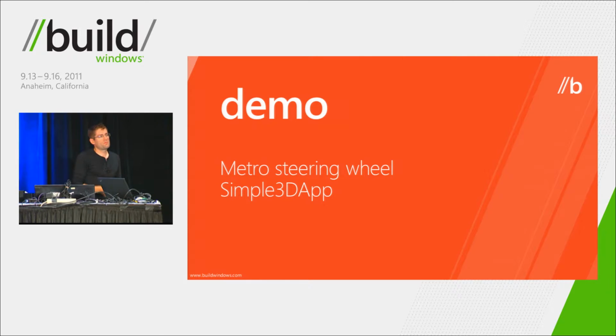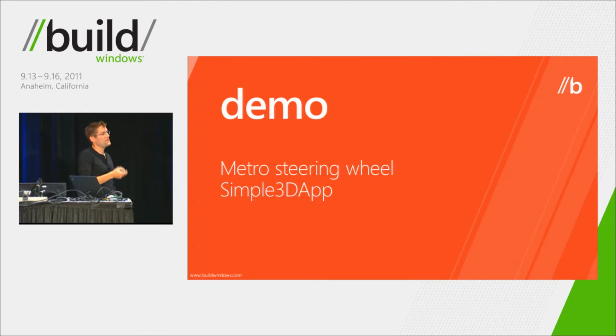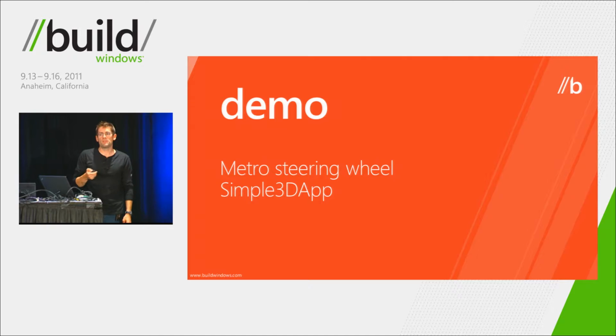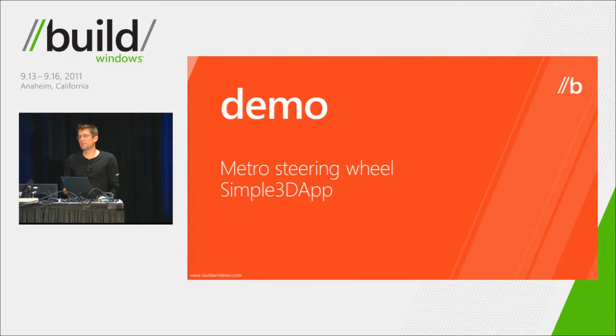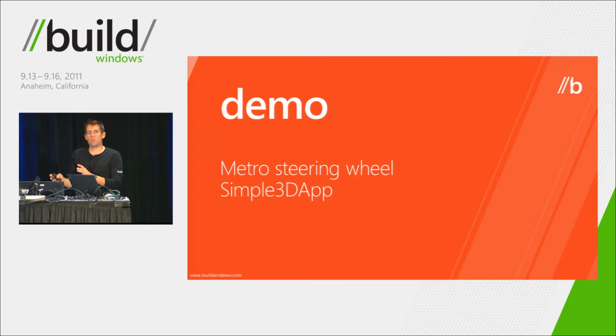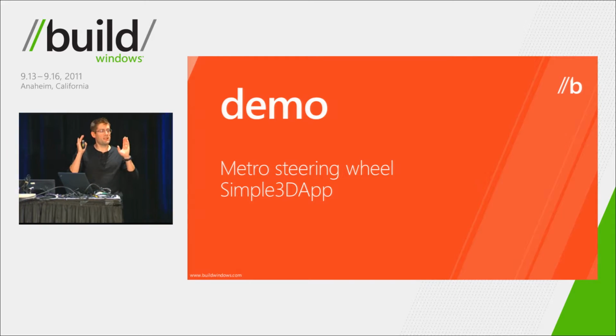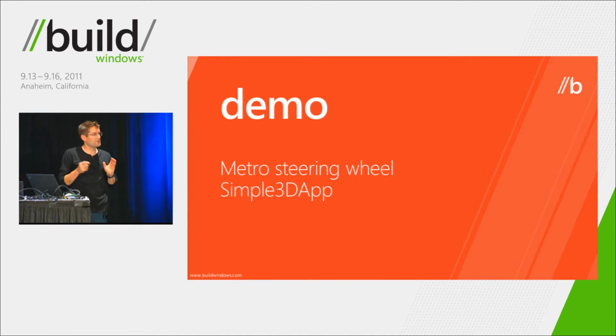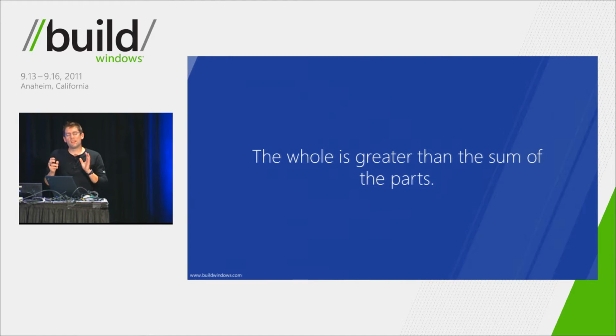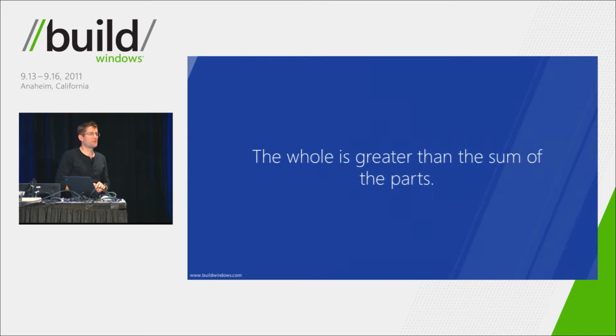But it gives you two examples. One really simple and straightforward example using a JavaScript-based Metro-style application and some very simple code. That was 3 lines of code to turn the wheel. The other example with the simple 3D game is more of taking it to the next level with Direct 3D. So with sensor fusion, the whole really is greater than the sum of the parts.